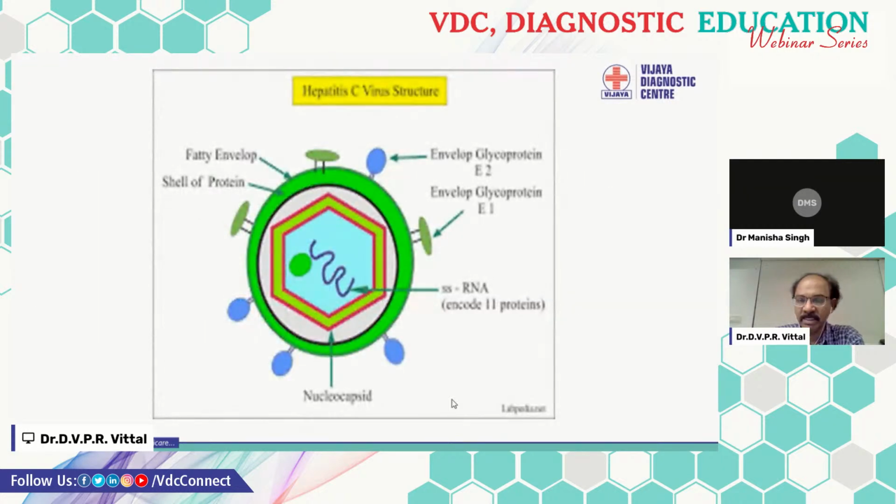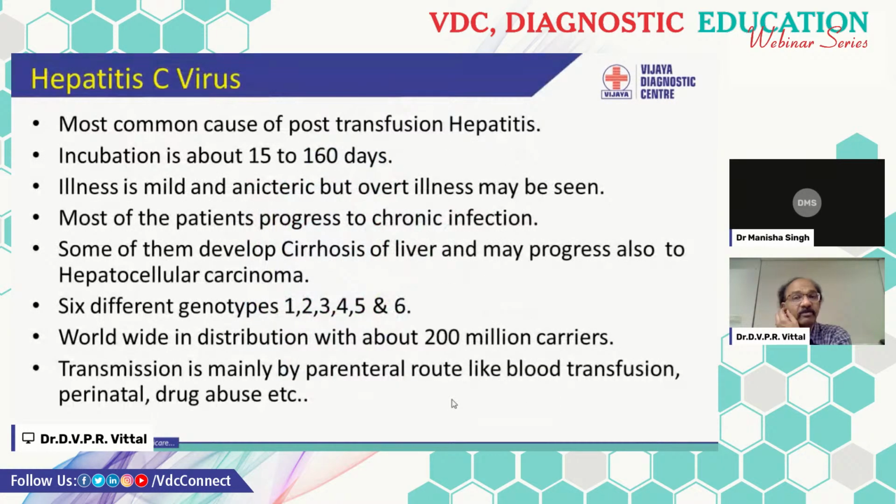Now let us go to hepatitis C virus. The hepatitis C virus is another RNA virus with an incubation period of 15 to 160 days. Most commonly, this is similar to hepatitis B virus. Usually, the transmission is by parenteral routes.